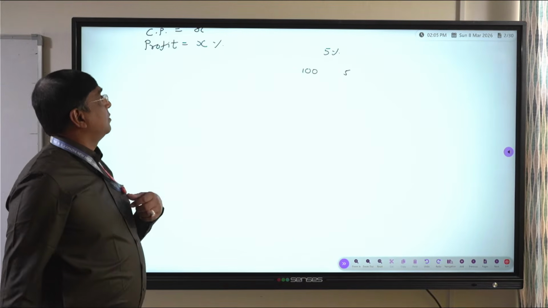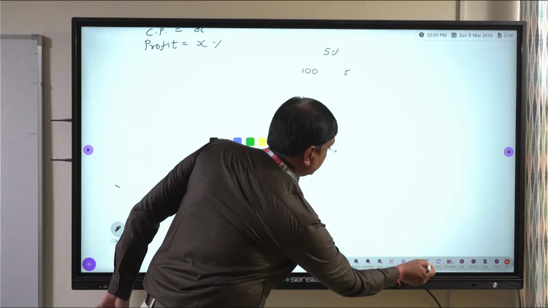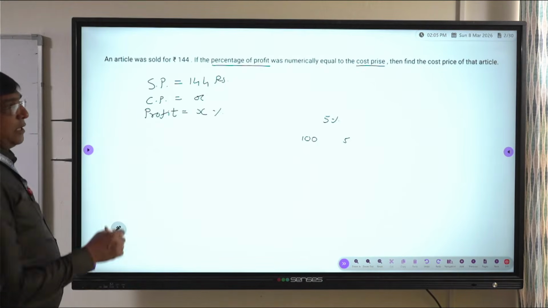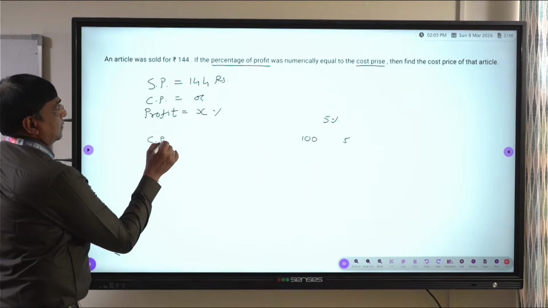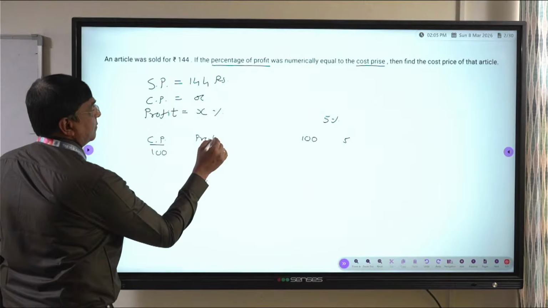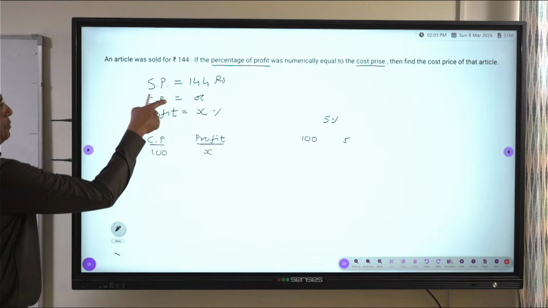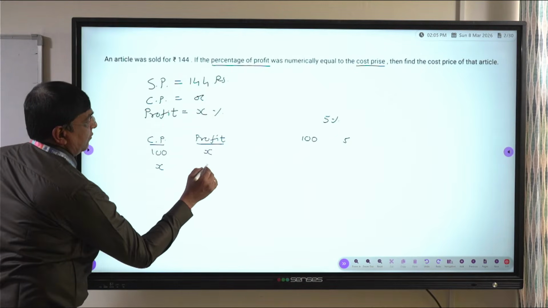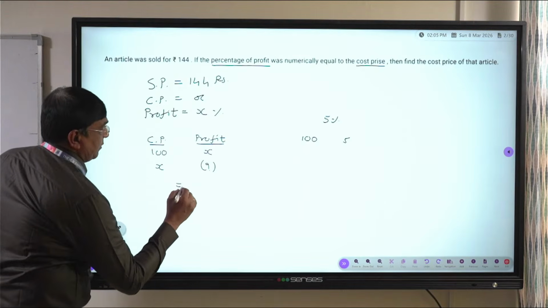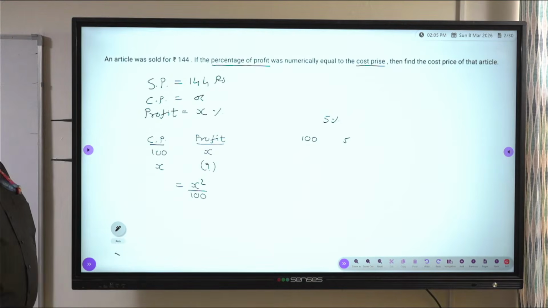Similarly here, profit is X%. That is, if CP is 100, then your profit will be rupees X. But our CP is X. Then what is your profit? Cross multiplying, we get X square upon 100 as your profit.